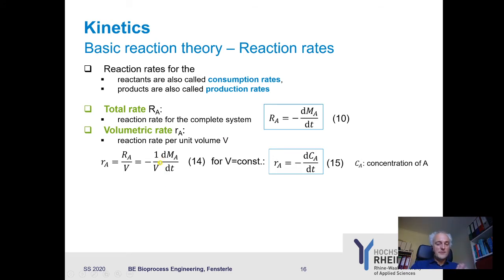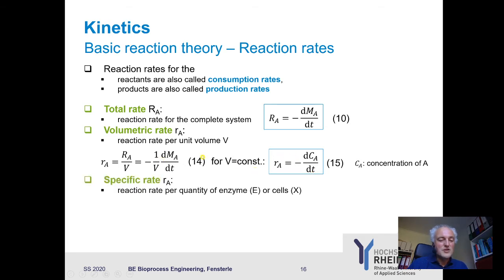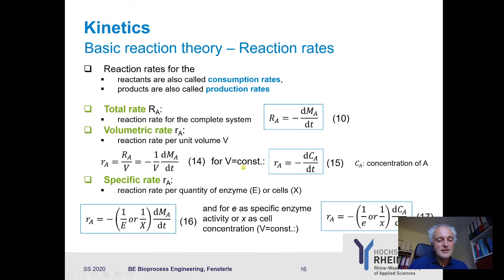If we are in a closed system where we don't put something in or out, then the volume is constant. We can take it out, and then it is of course the concentration, dC_A/dt, but this only works if the volume is constant. The specific rate is the reaction rate per quantity of enzyme or cells, and this is how I can define that, either based on the masses or the concentration.